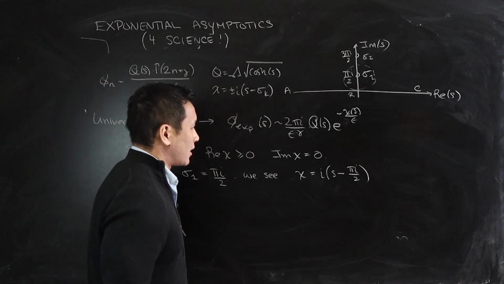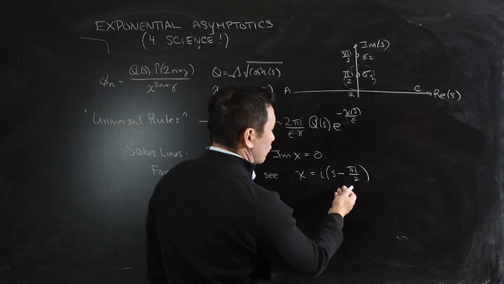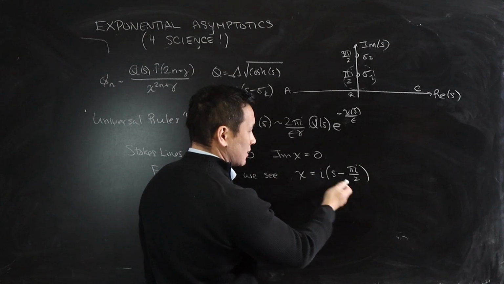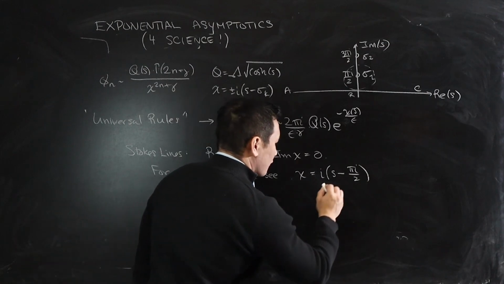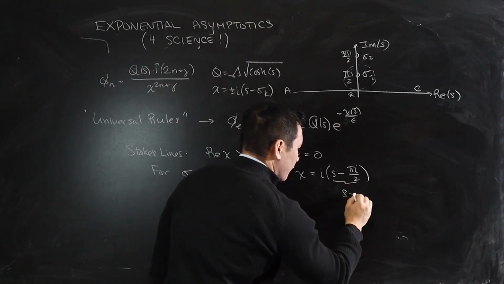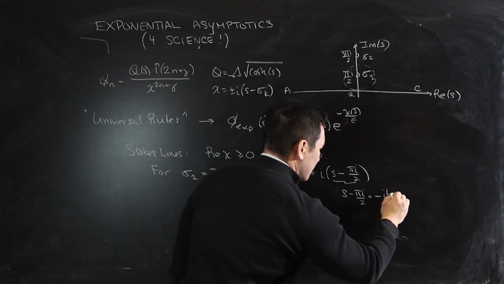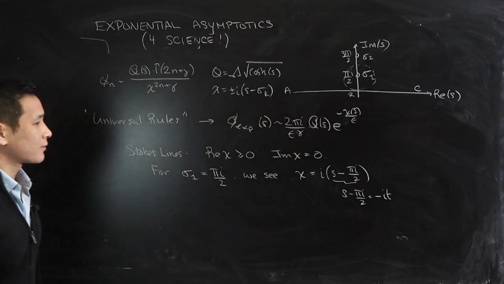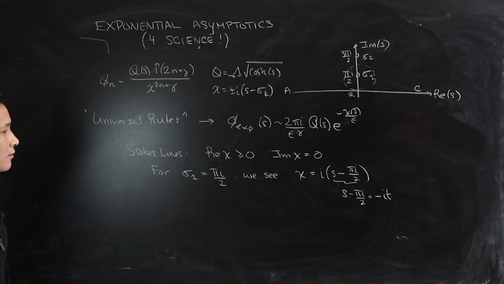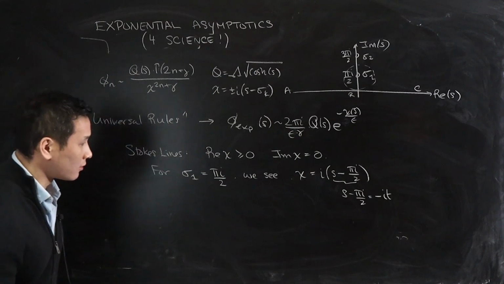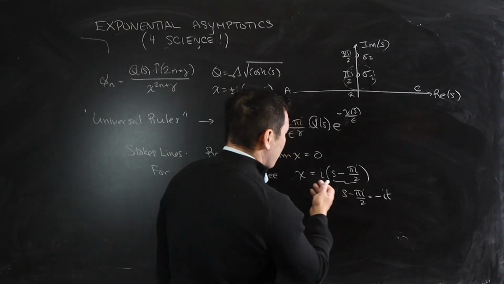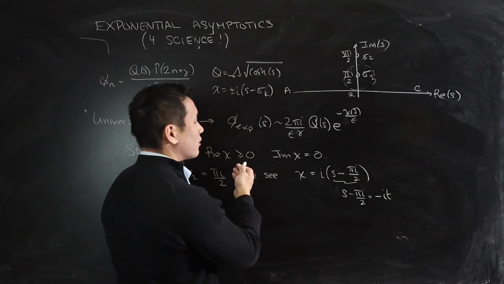And when it's basically equal to minus I times t. Right? So if s minus pi I over 2 is equal to minus I times t, I times I minus 1 times a negative, then this quantity will be real and positive.